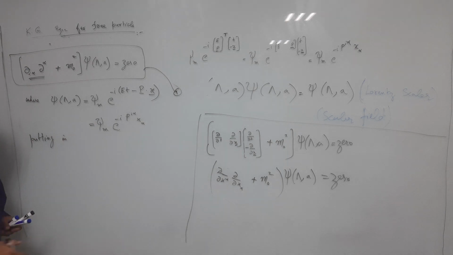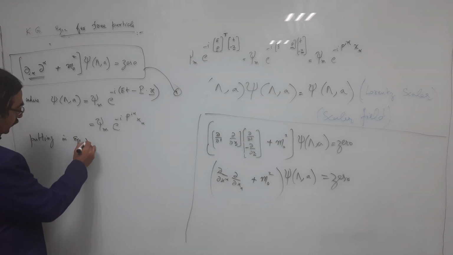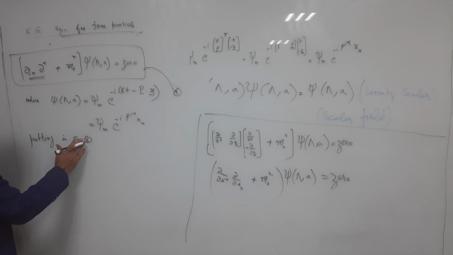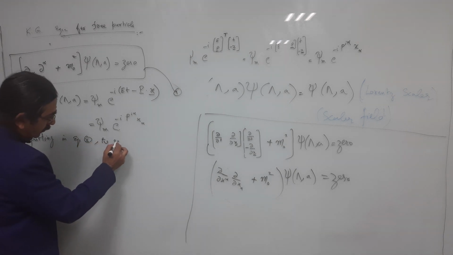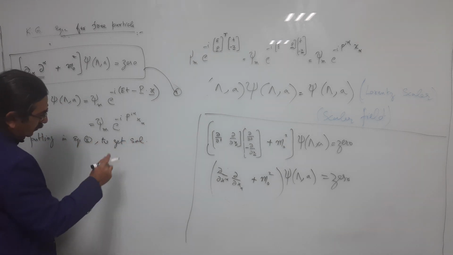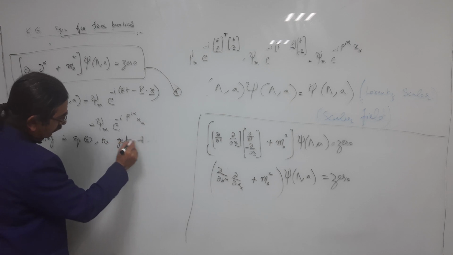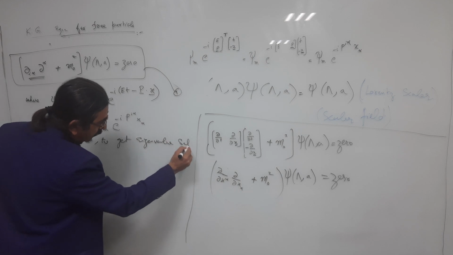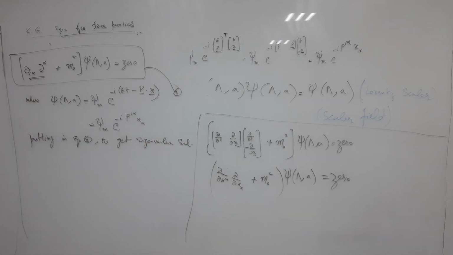This equation is called the Klein-Gordon equation for a free particle.